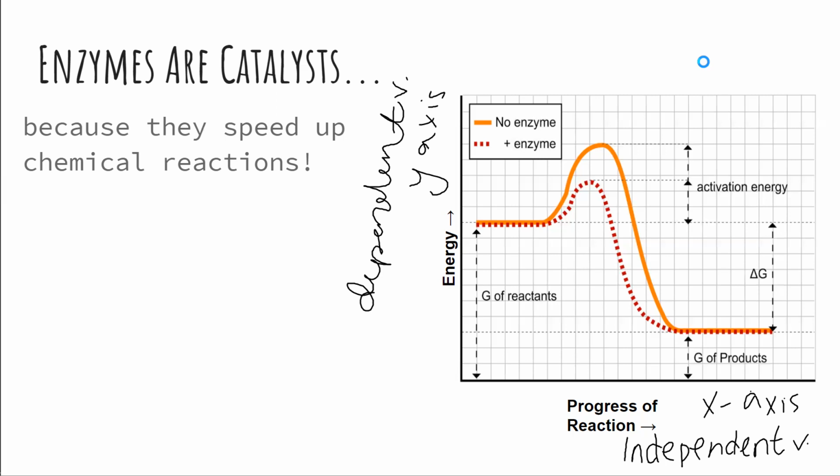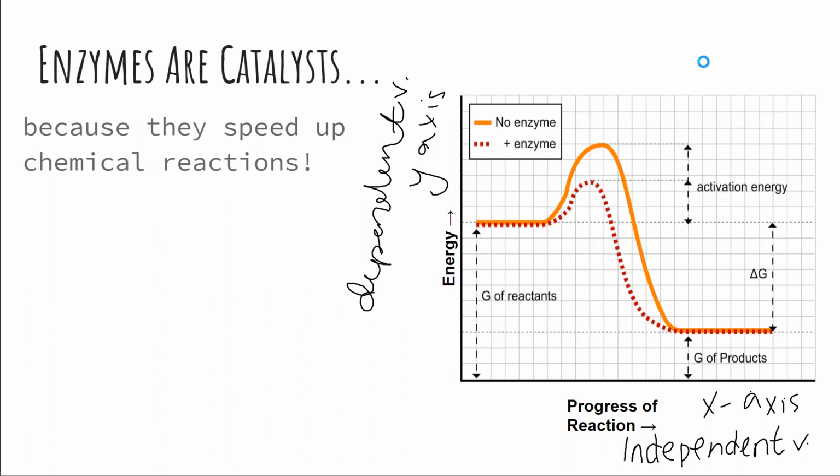okay? Titles always help a graph too. So this graph is showing the amount of energy expended over the course of a reaction when there is no enzyme and when there is an enzyme.